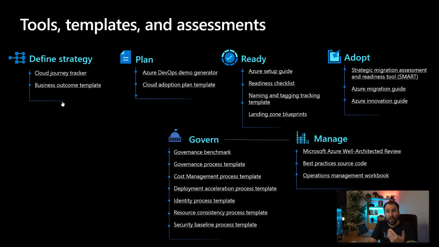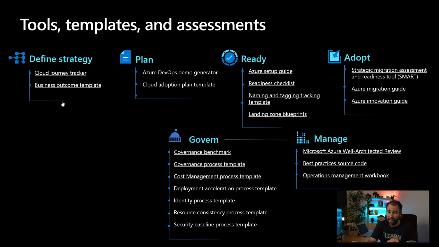I also want to quickly highlight especially the Azure DevOps generator, which helps you when it comes to planning. It creates your work items in Azure DevOps, so you can create them, plan them, assign them, and keep track of where you are. And then there are multiple other things, like templates, for example the landing zones.